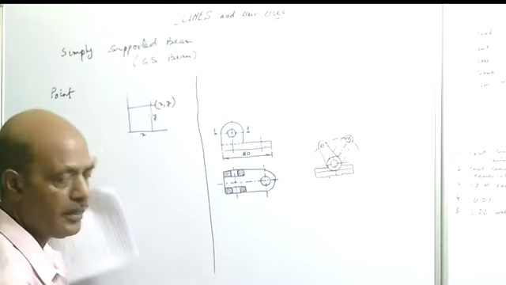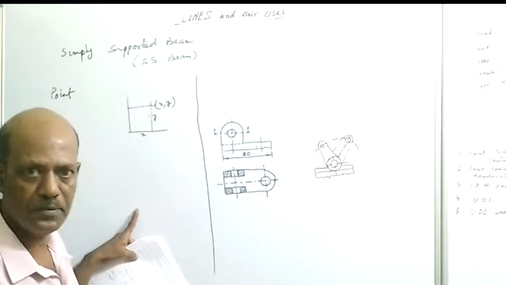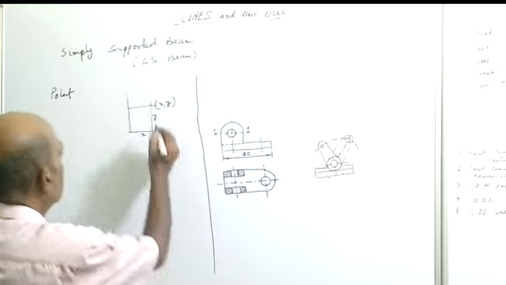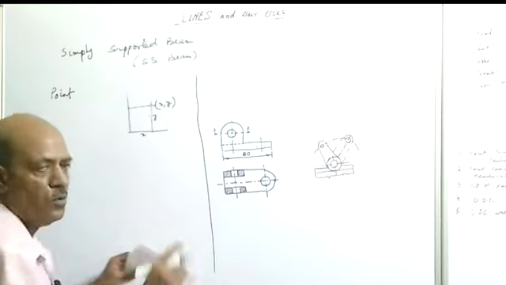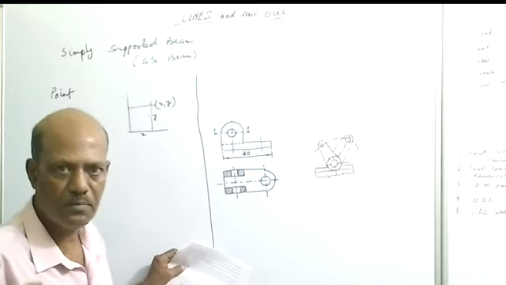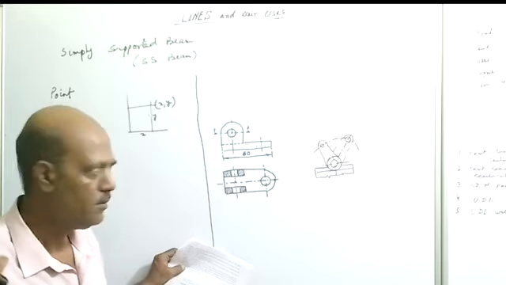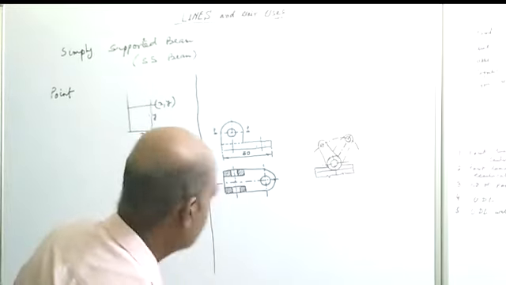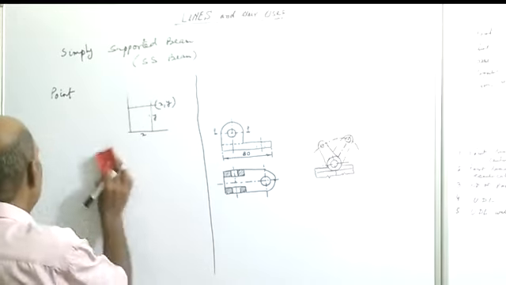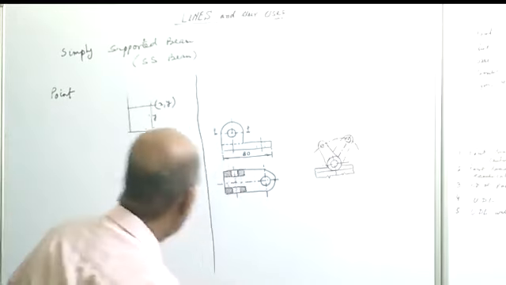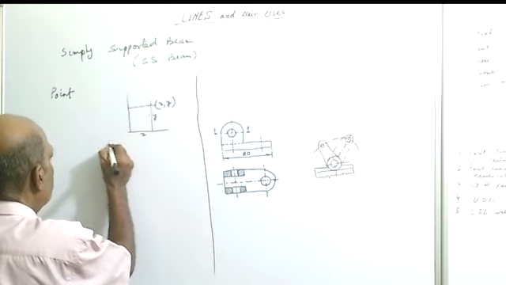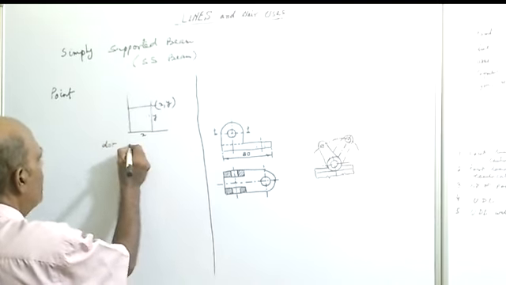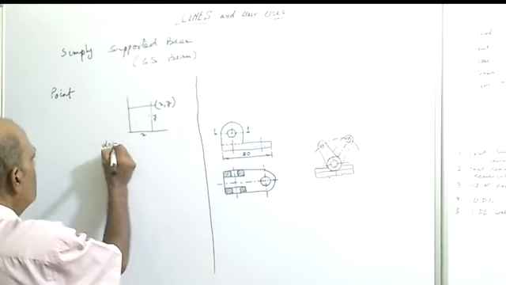A point indicates the coordinates in a space. It just specifies the location. In practice, we denote a point by using a dot. So one dot is used to denote a point.